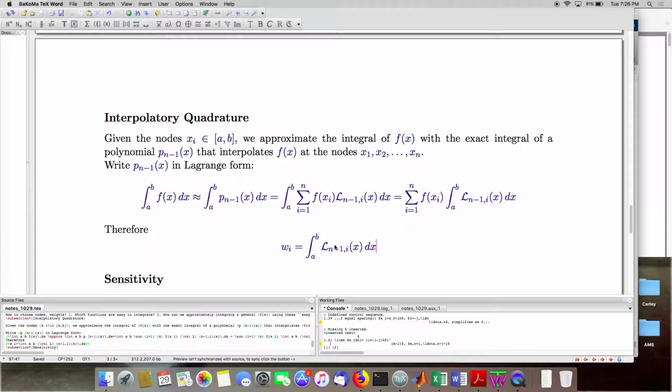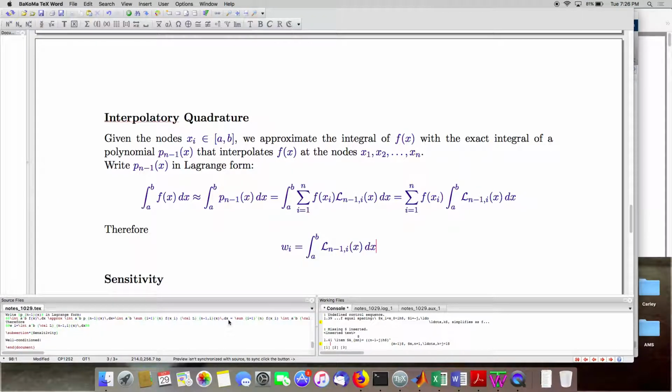Okay. Now, I want to draw a parallel between what I've just shown you here and how it works for numerical differentiation.